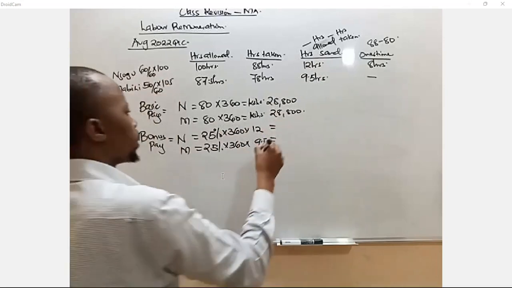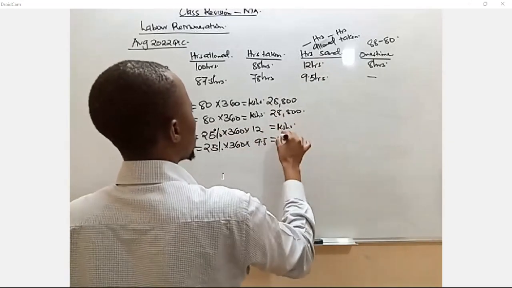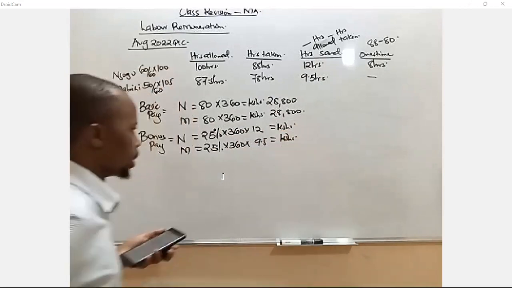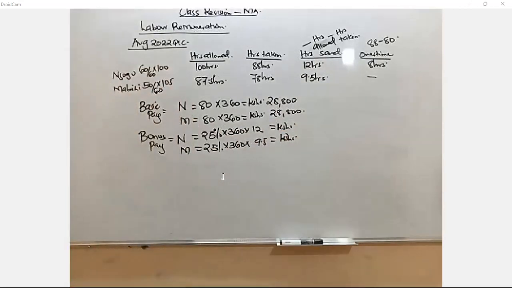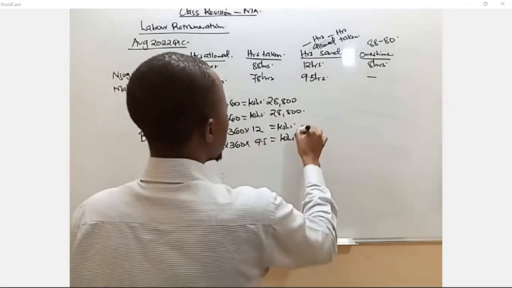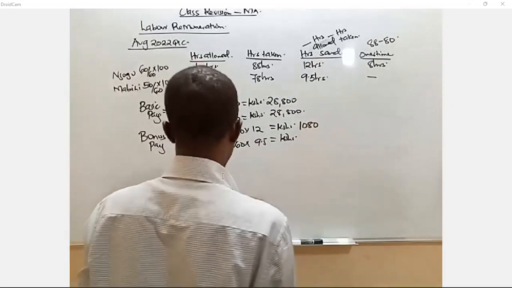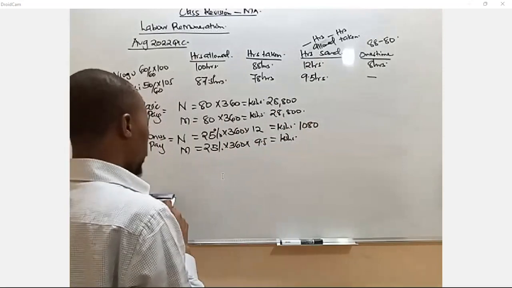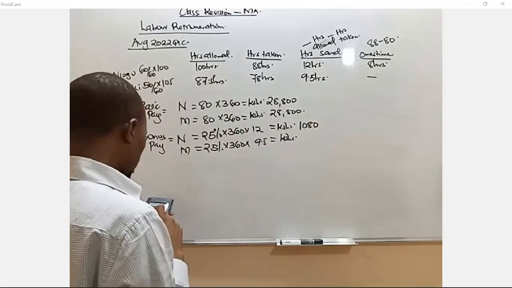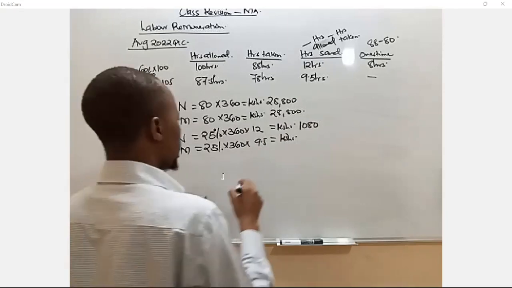So how much bonus did each get? In this case, it will be 0.25 times 360 times 12, getting 1080. Then the other one will be 0.25 times 360 times 9.5, getting 855.